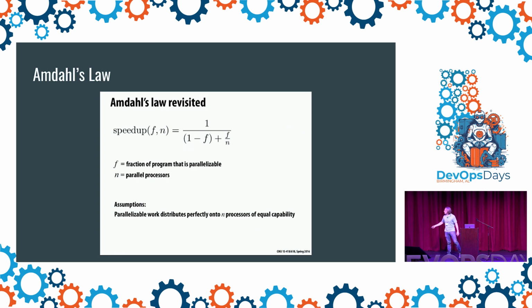So when we talk about Amdahl's law, we're concerned with two values, right? The number of processors, which in many cases we can just consider to be the number of developers or the number of employees. And then the F value, which is the fraction of a program that is parallelizable. And this is probably the single most important value to your business that nobody measures.